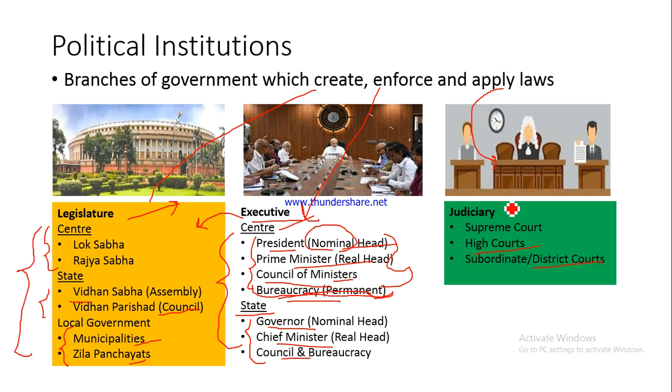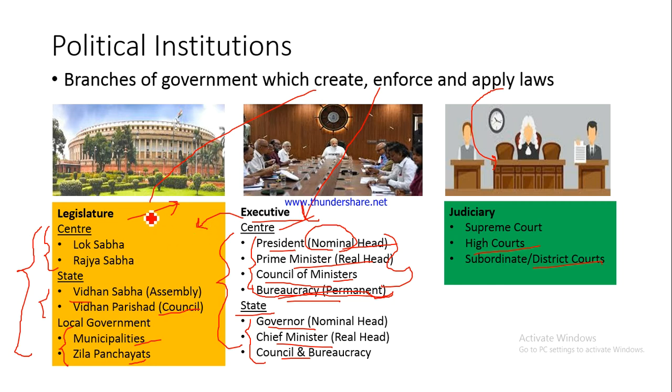Now what is the job of the judiciary? Judiciary has to see that the laws are applied. Judiciary also has to check if the legislature or executive are encroaching into the other's areas or not.